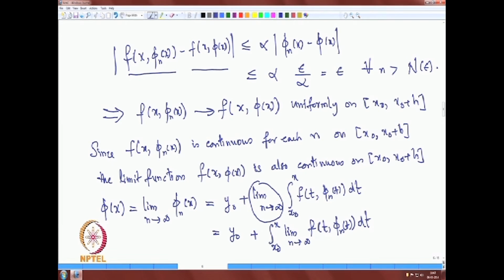Now, the limit as n goes to infinity of f t phi n t is f of t phi t. So, this is equal to y0 plus the integral from x0 to x of f of t phi t dt. Your left hand side is phi of x.